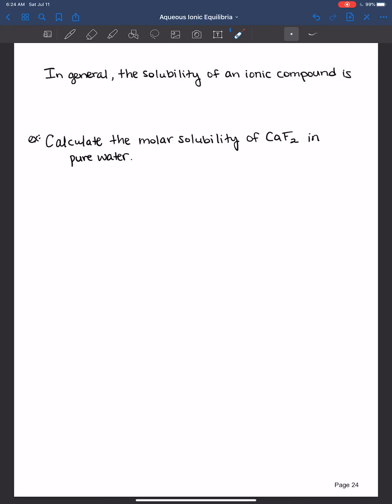So in general, the solubility of an ionic compound is lower in a solution containing a common ion than in pure water.